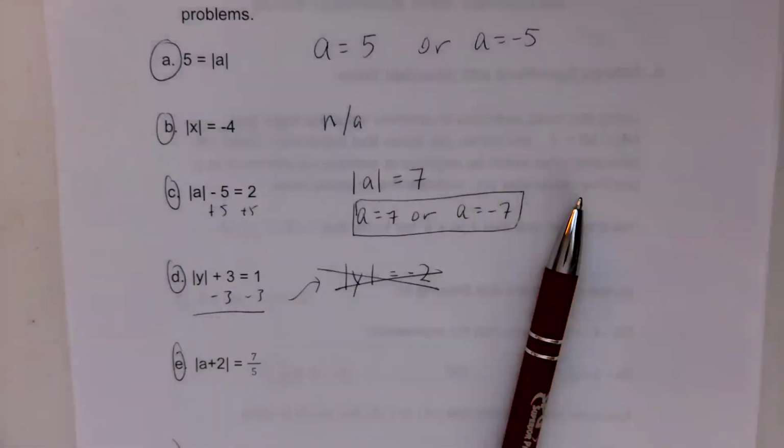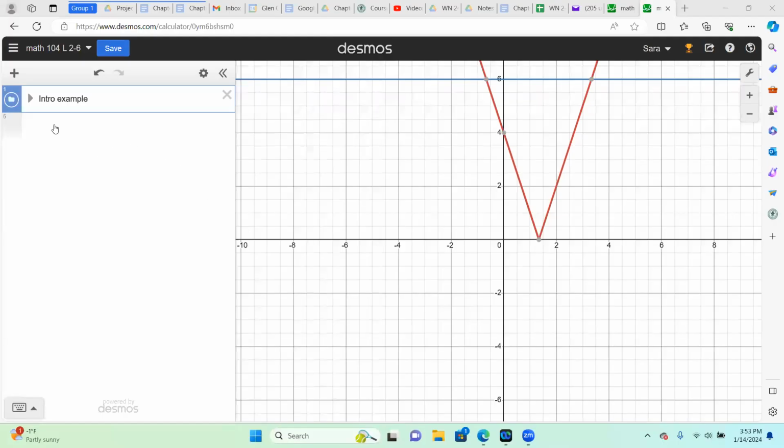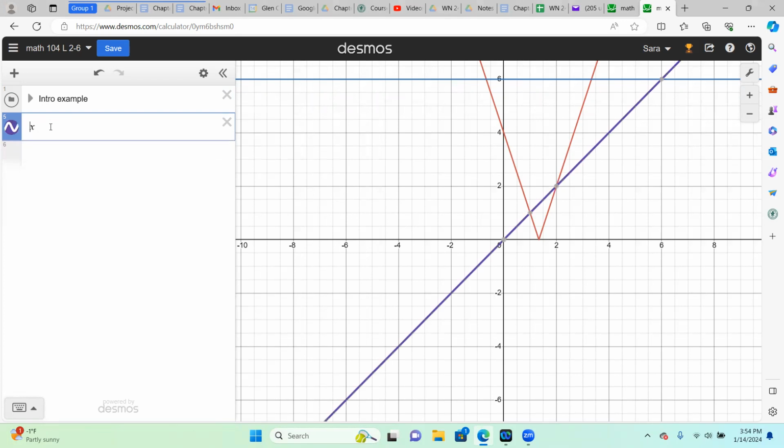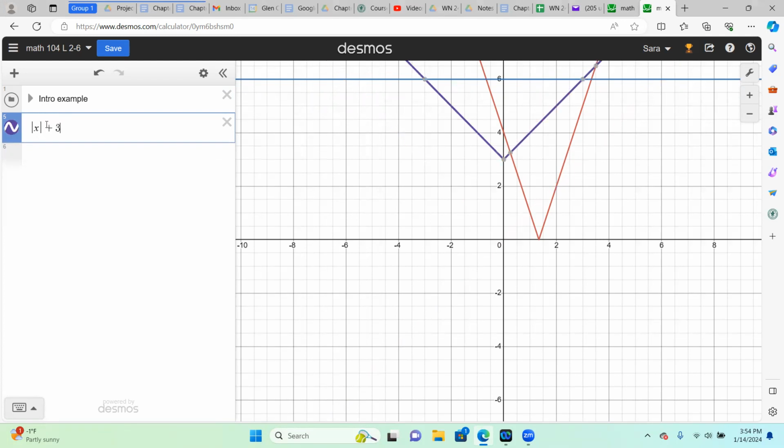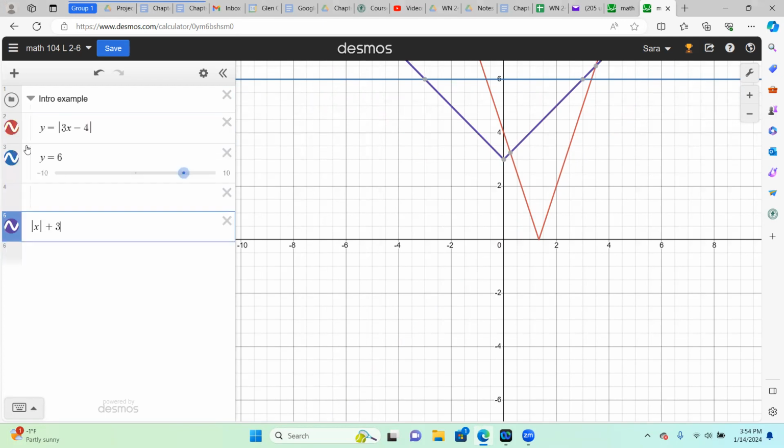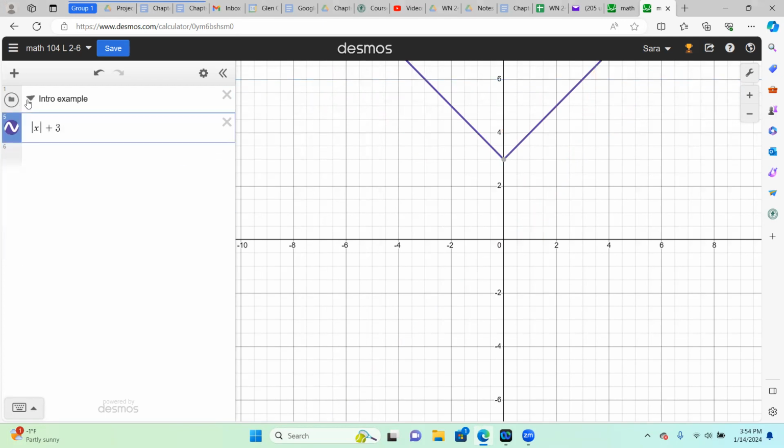I'm going to show you this for B and D in Desmos so that you can see what I'm talking about. So let's type in D. It's the absolute value. I'm going to use X instead of Y, but it's the same thing. And then it says plus 3. I'm going to turn off my other graphs here.